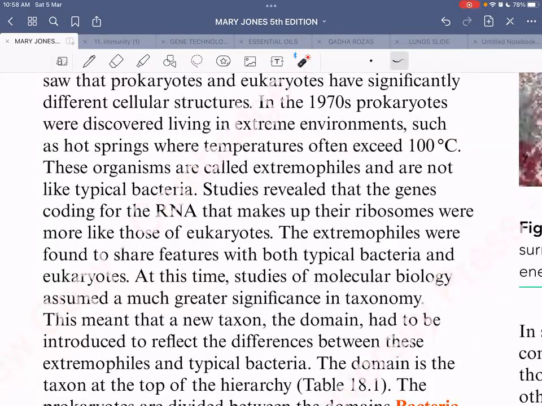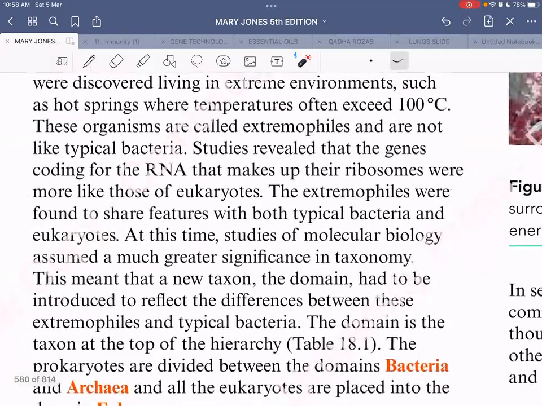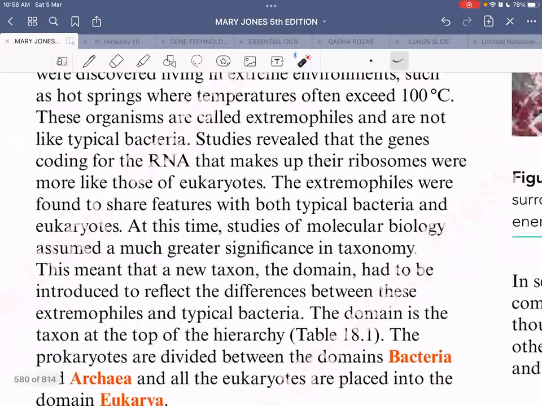So, at this time, the studies of molecular biology assumed a much greater significance in taxonomy. This meant that a new taxon, the domain, had to be introduced to reflect the differences between these extremophils and typical bacteria. The domain is the taxon at the top of the hierarchy, सबसे ऊपर, right?